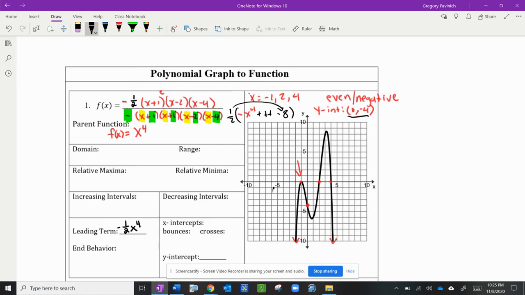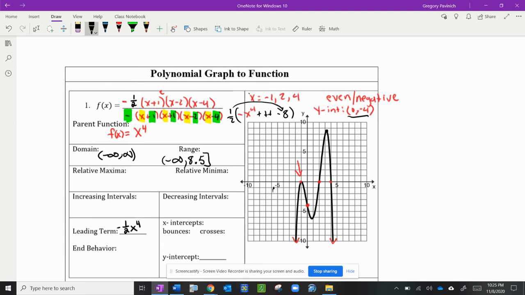For example, domain: this thing goes left forever and right forever, so it's negative infinity to infinity. The range: this thing goes down forever, and it comes up to this maximum point at the very top, which looks like 5, 6, 7, 8, 8.5-ish. You don't have to be exact a lot of times, just for me to know that it seems reasonable, 8.5.